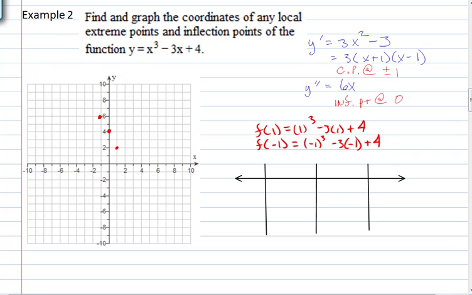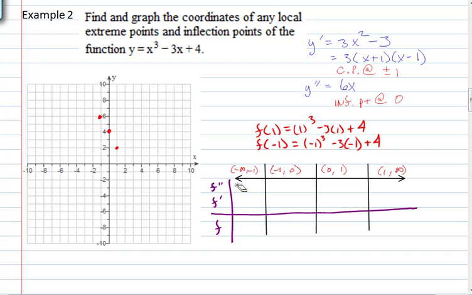So this first interval is going to go from negative infinity to negative 1, negative 1 to 0, 0 to 1, and 1 to infinity. I want to get the shape of the function by looking at the signs of the second derivative, the derivative, and then I can look at the shape of the function.